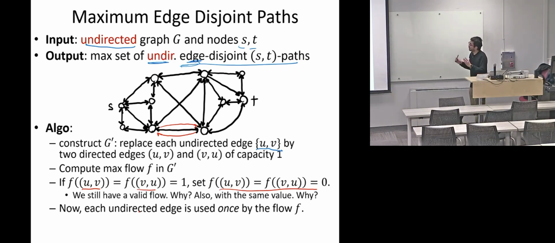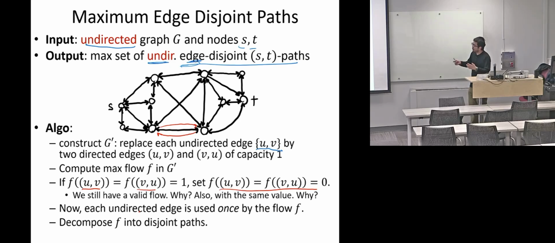So you basically get an ST flow such that every undirected edge is used only once. And now it means that you can just extract the set of paths from this. It's going to be disjoint paths because every edge is used by the flow only once and in one direction at most.